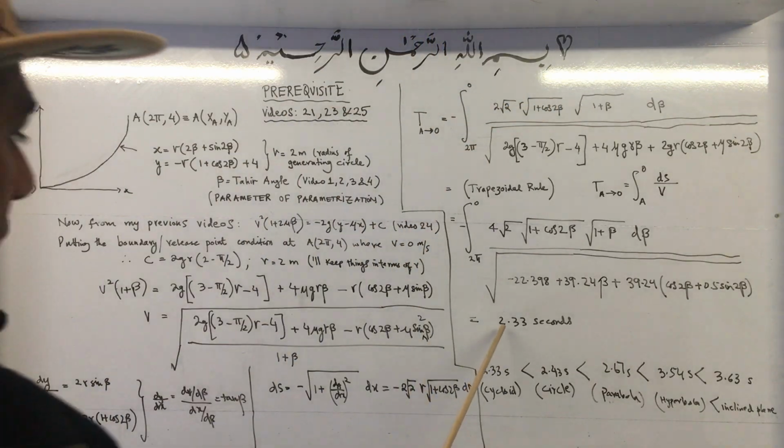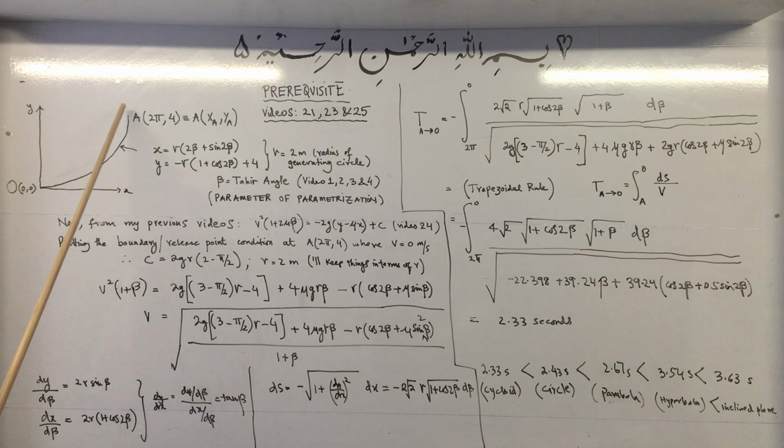So you get 2.33 seconds. The time it takes to slide down on a cycloid from point A to point O is 2.33 seconds.